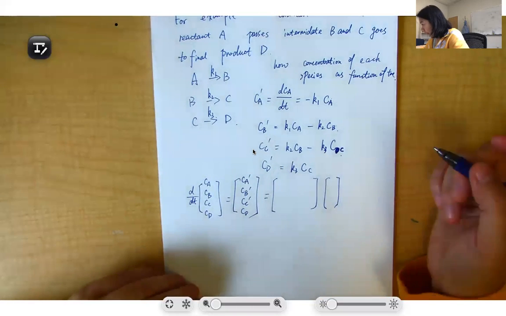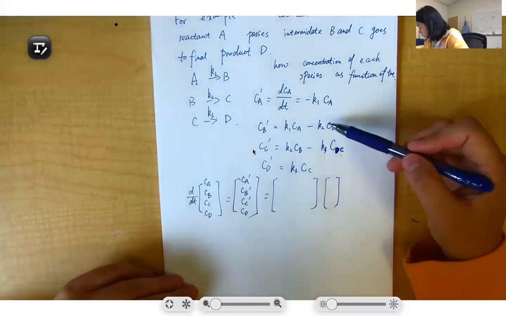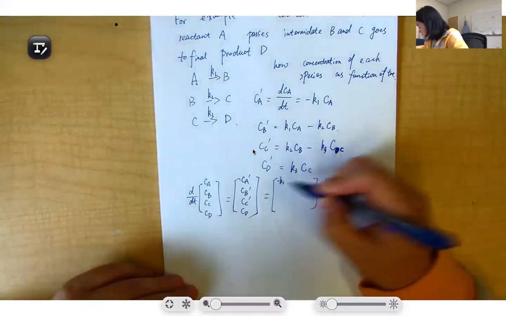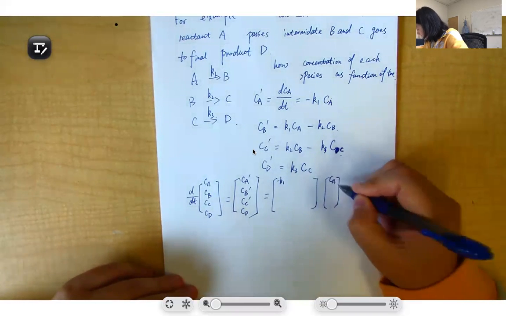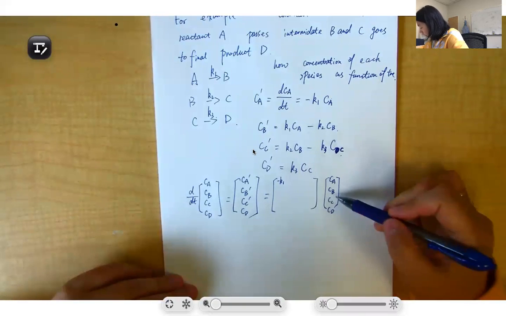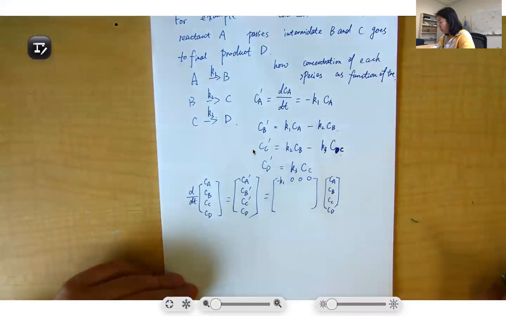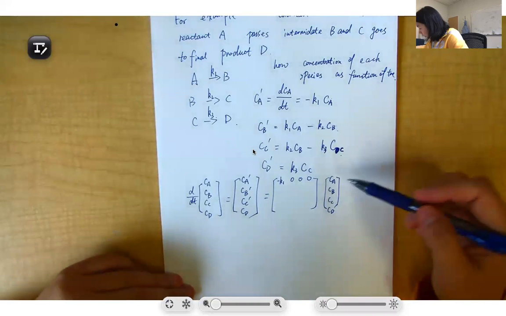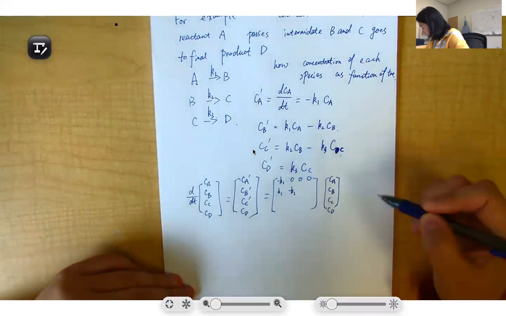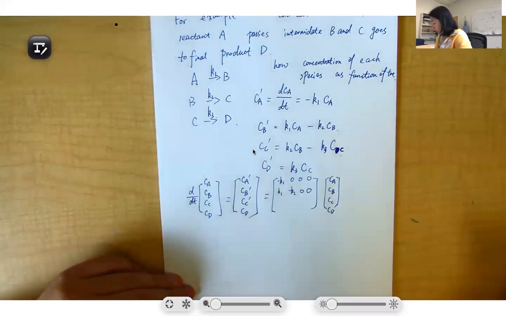So what you can get is basically the coefficient part, which is k1, k2, k3. So the first will be minus k1, and then CA, CB, CC, CD. And all the other terms for the first equation will be 0. Then the second part will be k1 CA minus k2 CB, so it's k1 and minus k2 here. Then the other parts will be 0, 0.